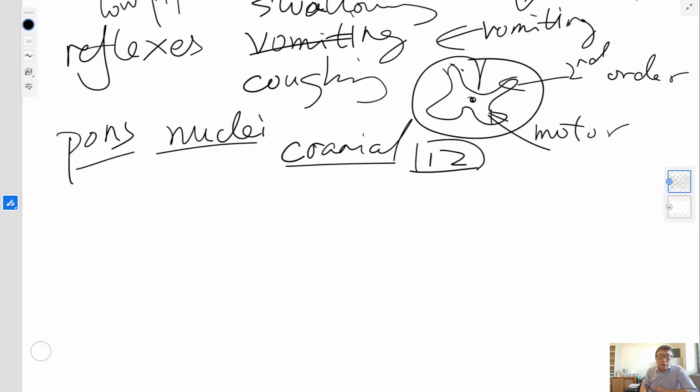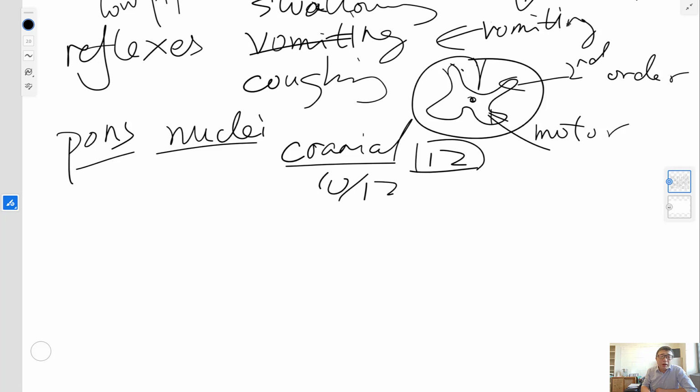So of these 12 pairs of cranial nerves, 10 come out from the brainstem. Let me see, I forgot the number. I think 2 from the midbrain, and maybe 4 from the pons and 4 from the medulla. I'm pretty sure 2 from the midbrain, but I'm not sure how many from the pons and how many from the medulla. Probably 4 and 4.